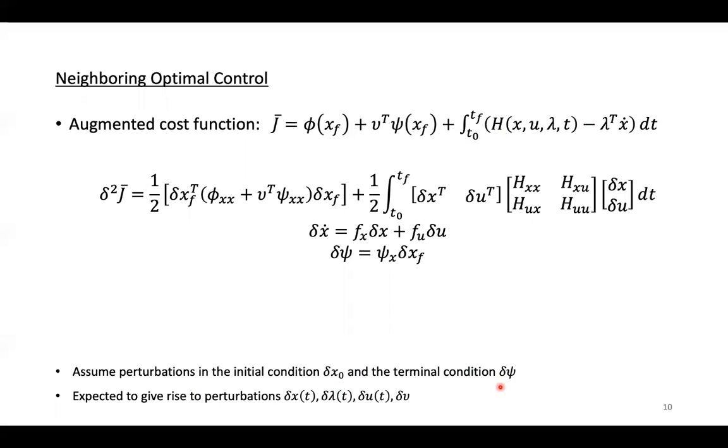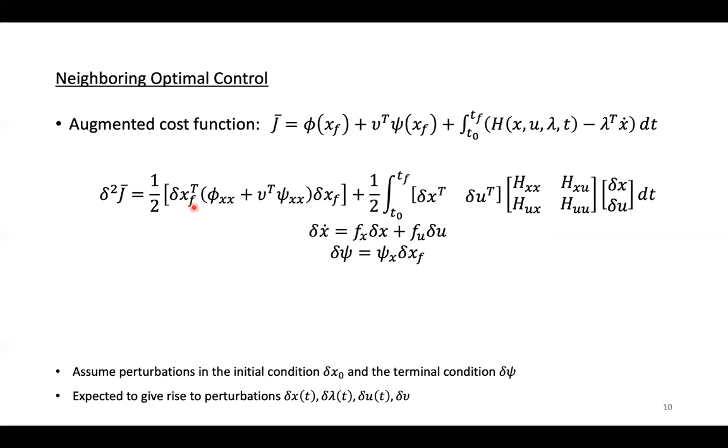And if you assume perturbations in those, you are expected to face perturbations in the state, co-state, control, and the multiplier, which means the second order variations in cost will be functions of all these variations, and it can be written in this form. Again, I'm not going into the derivation, but I simply want you to focus on the fact that this exactly looks like the quadratic cost function that we had seen in the LQR format, right?